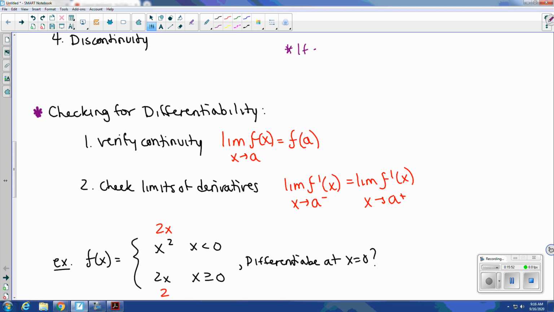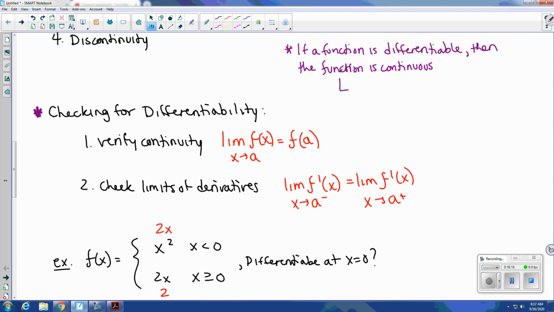If a function is differentiable, then the function is continuous.